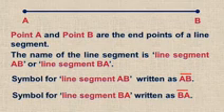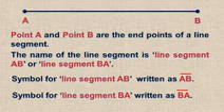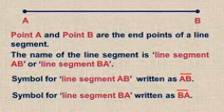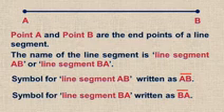We can write line segment AB by simply writing AB and putting a small line segment above A and B. Similarly, we can write line segment BA by writing BA and putting a small line segment above B and A. Students, the important point here is that we do not use an arrow symbol on any end of the line.